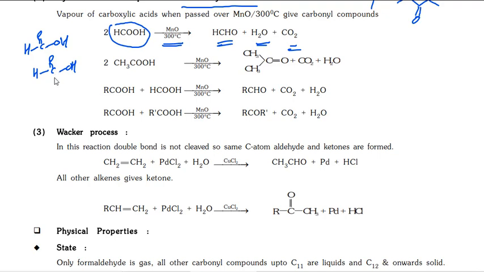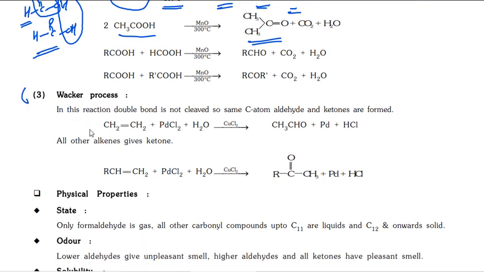What's happening here: this one is released as carbon dioxide. Next, this H2O is released as H2O. And what remains? One hydrogen and HC double bond O. That's why it is forming formaldehyde. Next, in case of acetic acid, we are getting ketone.